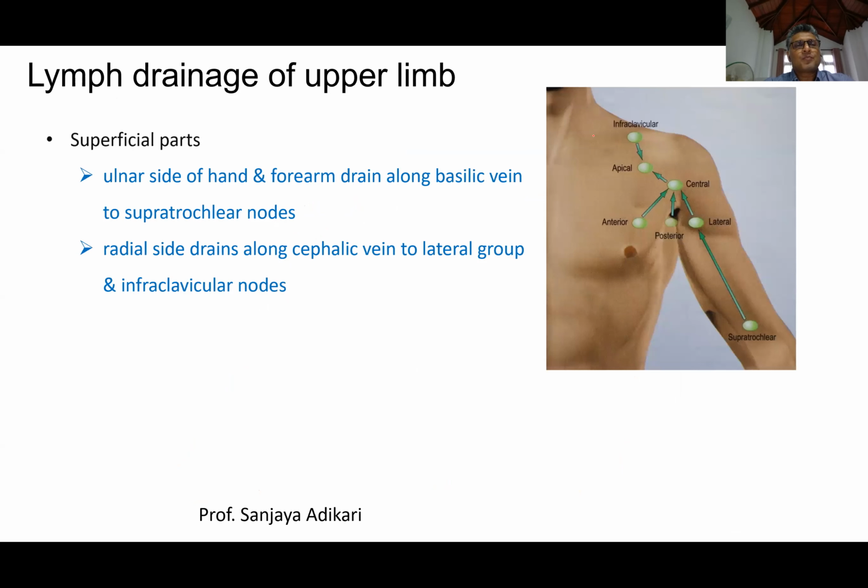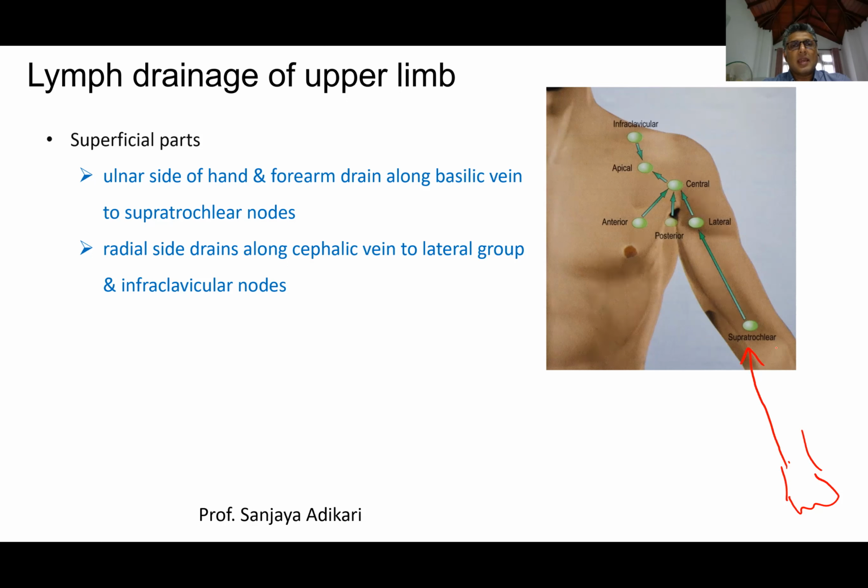When it comes to the lymph drainage of the superficial parts of the upper limb, if you divide them into ulnar side and radial side, the superficial lymph from the ulnar side of the hand and forearm will drain into the supratrochlear group of lymph nodes at the elbow region.